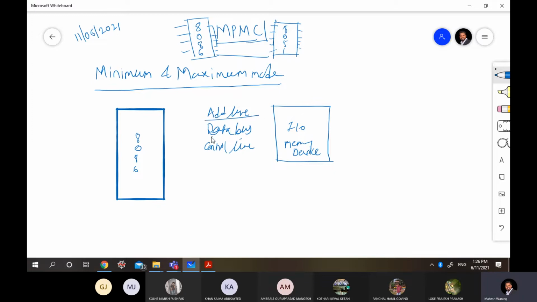These are the three buses we want separately: a separate address bus, separate data bus, and separate control bus, so that we can interface the IO devices with the 8086.